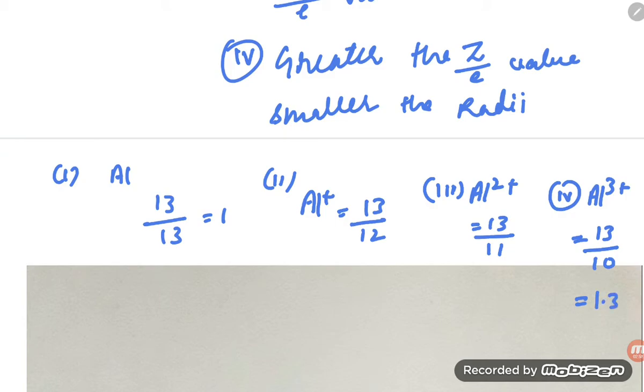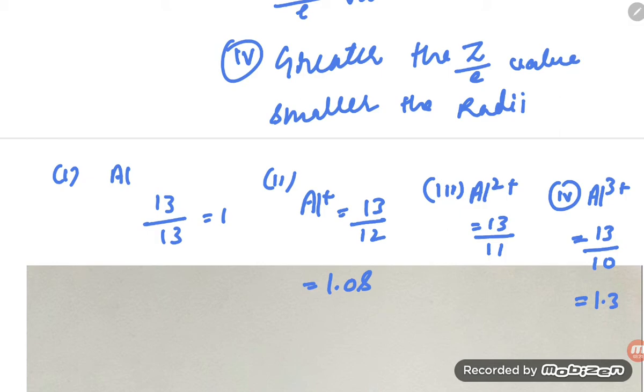So you check out which one is larger. If you put the value, let me do the calculation. 13 by 12 is coming 1.08.